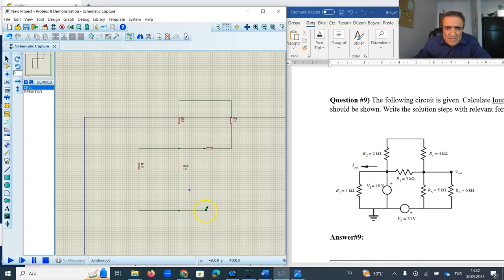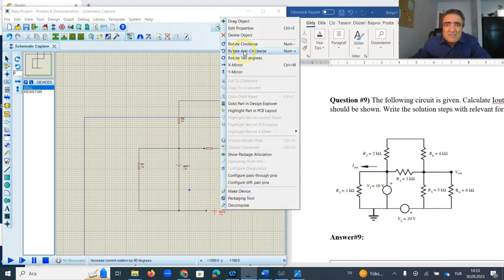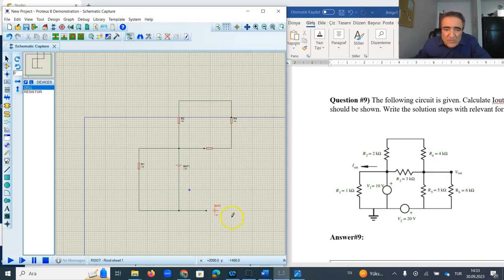cell at this point. Change the position, rotate it clockwise. No, it should be underside, because as you see here, the positive side is here.